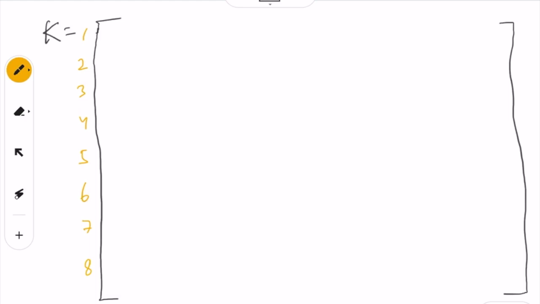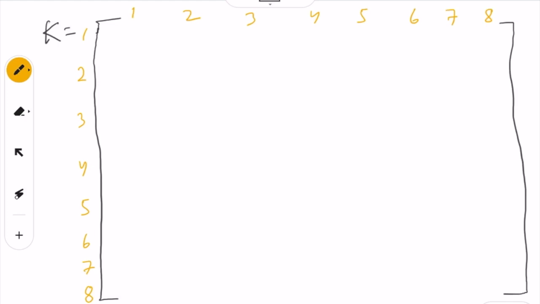Okay, maybe I give more space. So write 1, 2, 3, 4, 5, 6, 7, 8. Now similarly here also we will write 1, 2, 3, 4, 5, 6, 7 and 8.